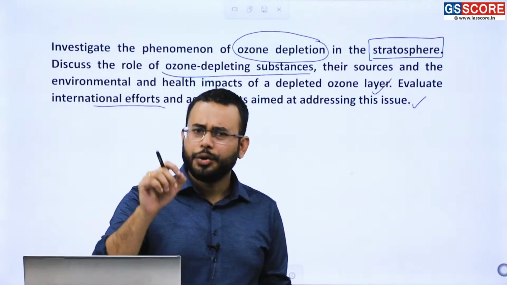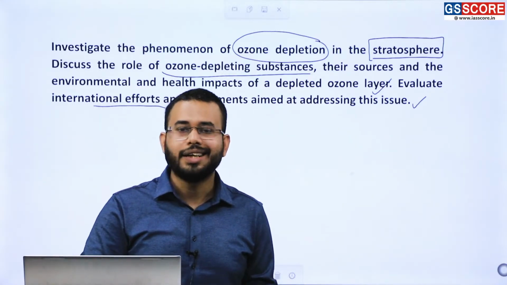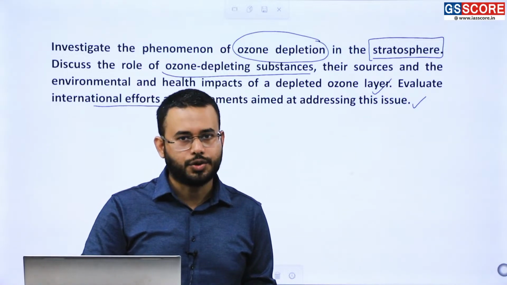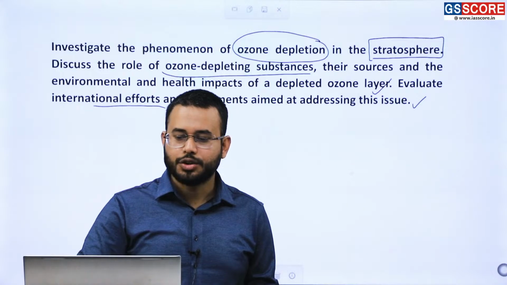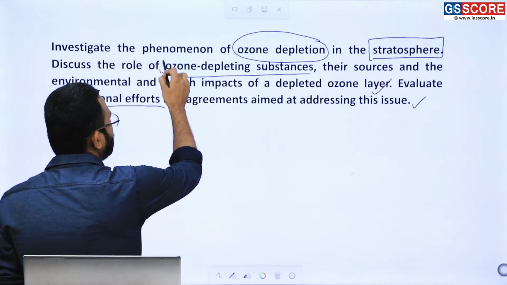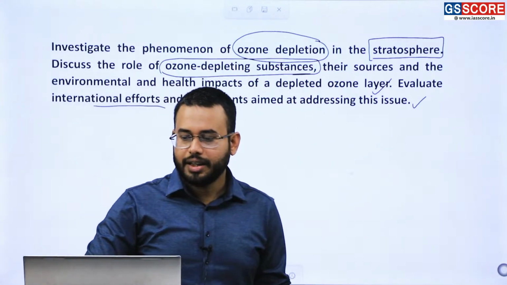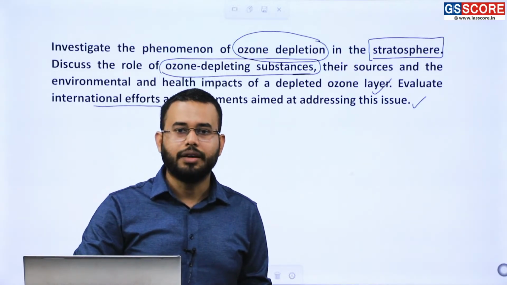So you can start your answer here: ozone depletion in the stratosphere refers to the thinning of the ozone layer, particularly in the stratosphere. This phenomenon is primarily attributed to the presence of ozone depleting substances, which they are asking about here, in the atmosphere, which break down the ozone molecule through a chemical reaction.